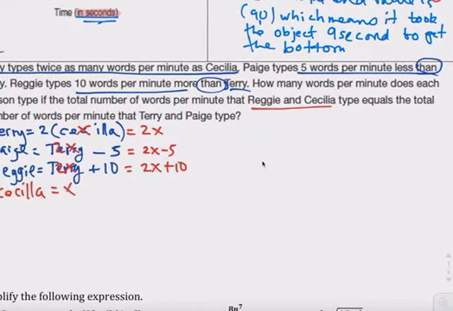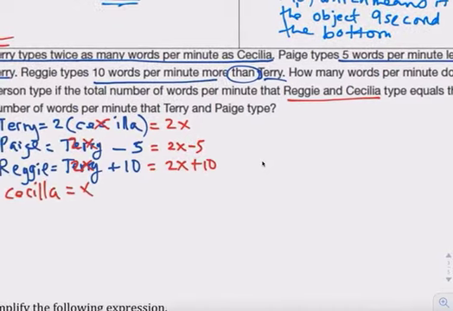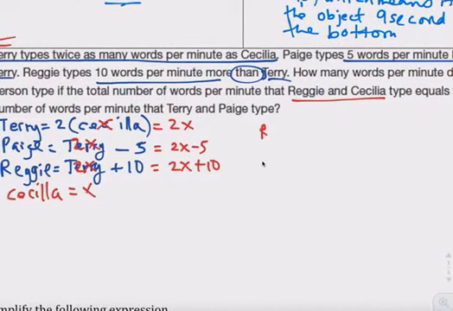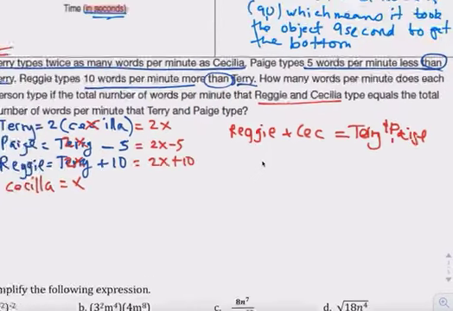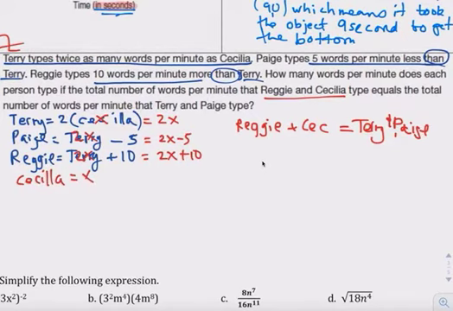Reggie and Cecilia is 2x plus 10, Terry is just 2x, and Paige is 2x minus 5.